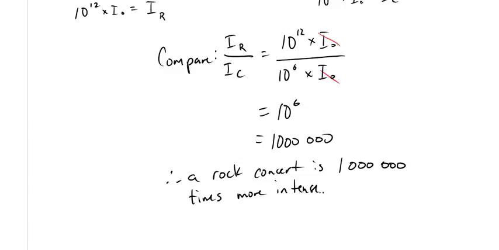There's a lot of things in the world that are logarithmic. I remember hearing this when I was a kid and not really understanding what it meant. I got it, but I didn't understand exactly why or what was going on. But earthquakes, which we already looked at, are the same way, right?